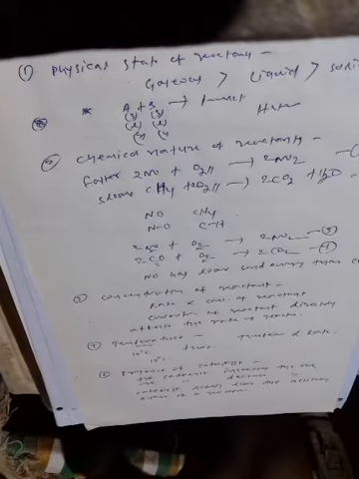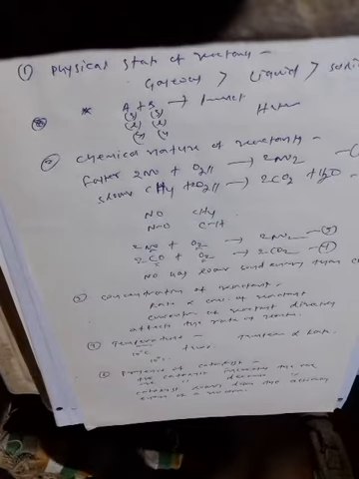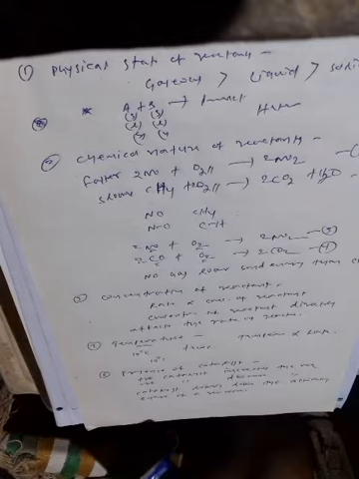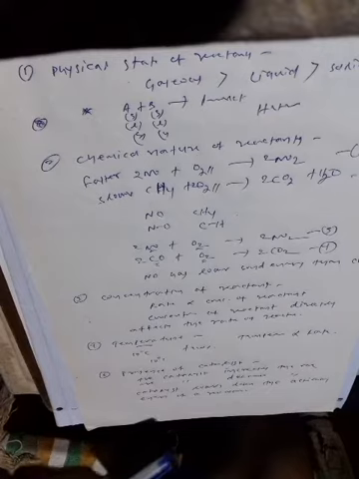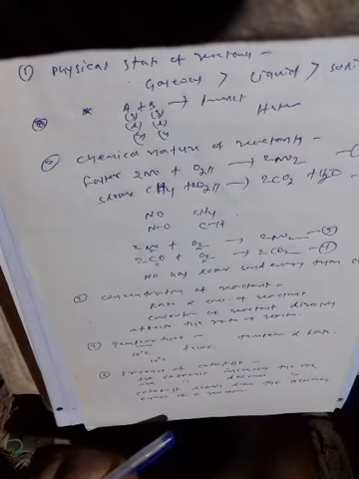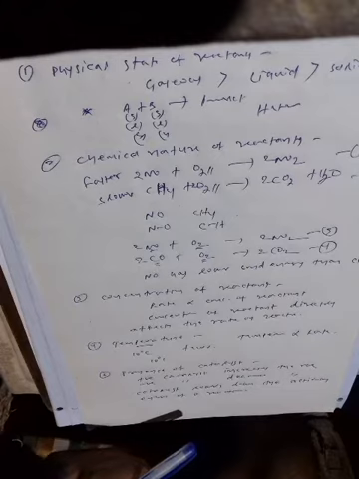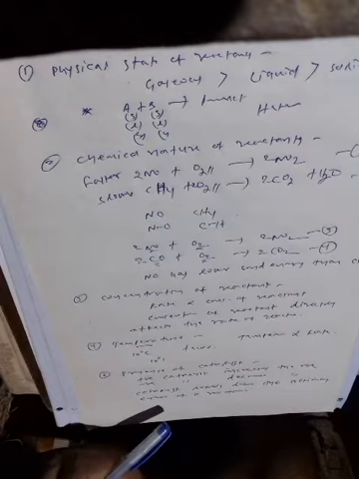When a reaction has higher activation energy, its rate is slower, and when the reaction has lower activation energy, its rate is faster. So the function of a catalyst is to lower the activation energy and to increase the rate of that particular reaction.